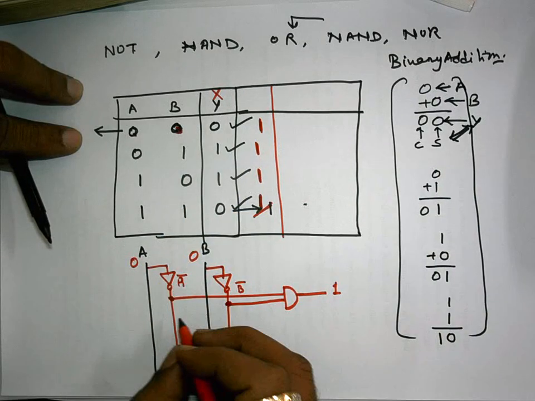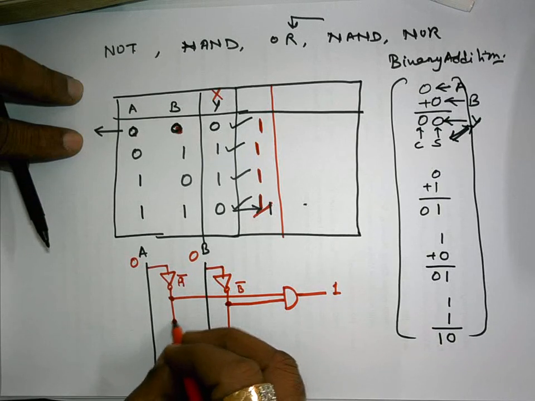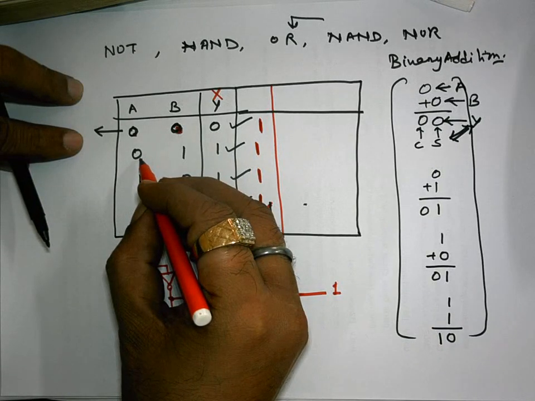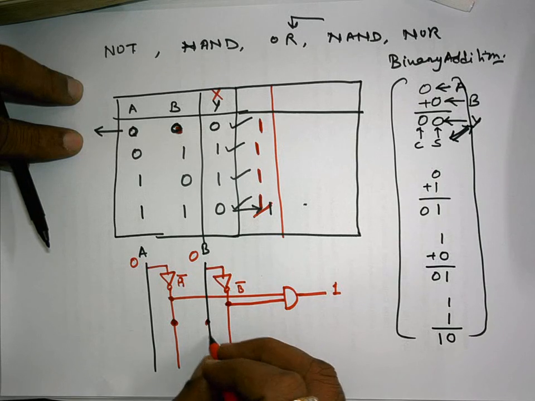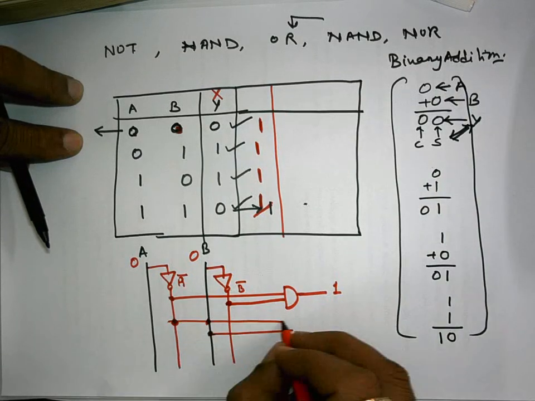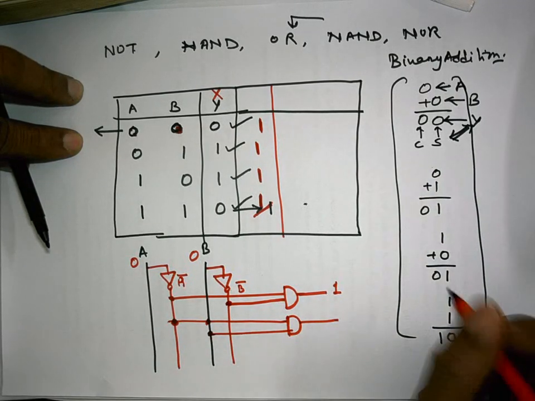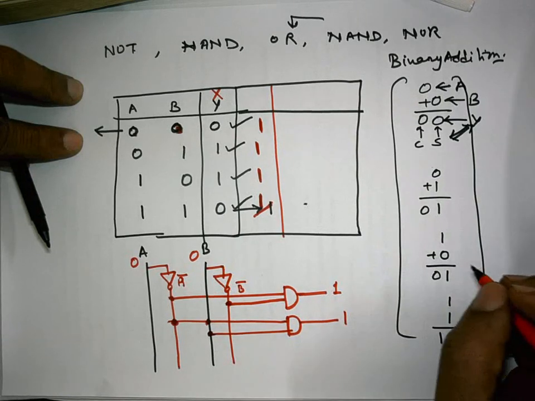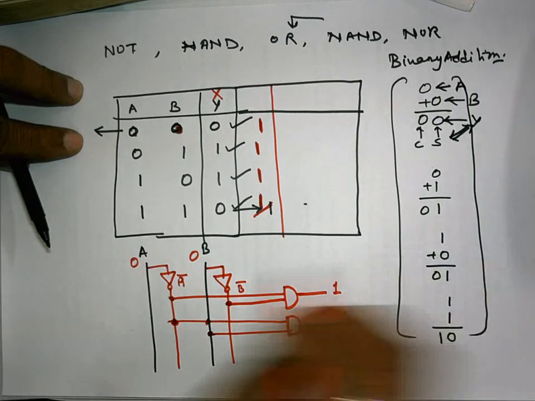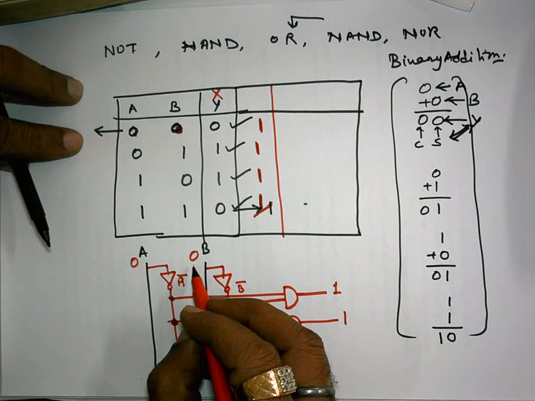So in this situation you will take this A bar and B and apply them to an AND gate. This will definitely give you 1 if the input was 0 1.